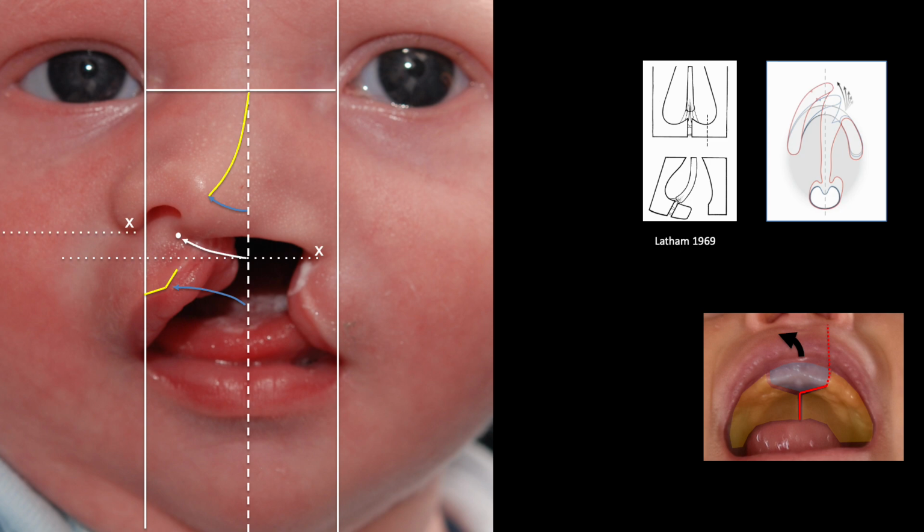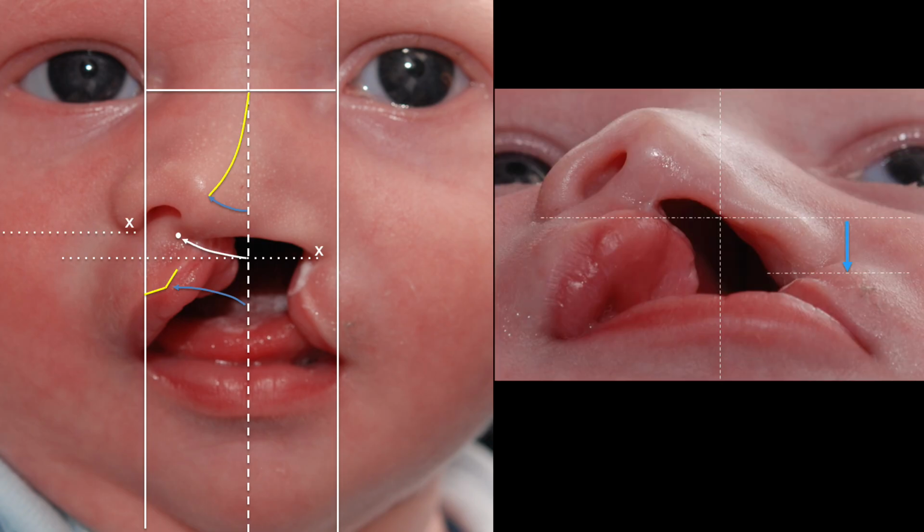Together, that shoves or pushes the non-cleft alar base upward and outward. Meanwhile, the cleft alar base is left behind and stays retruded. And it's these orthogonal vectors of displacement that result in the twisting collapse of the alar dome and that very distinctive twisting appearance of the arch forms of the nose.